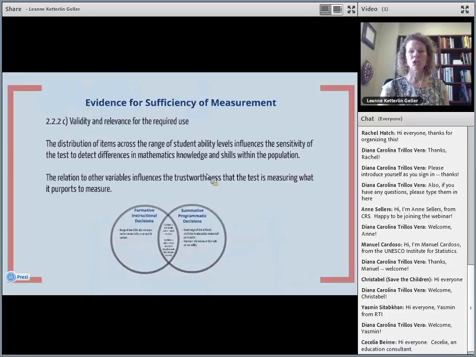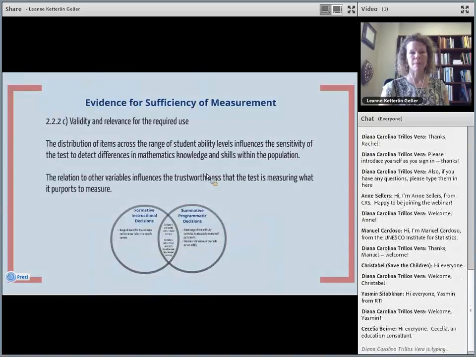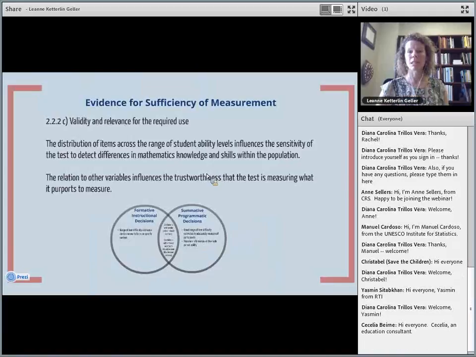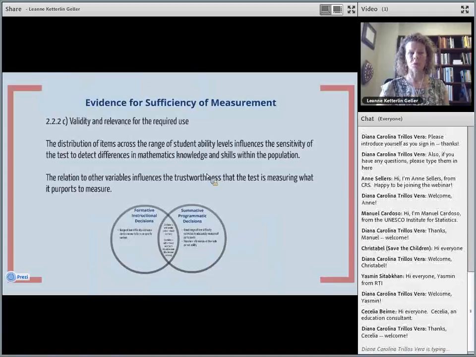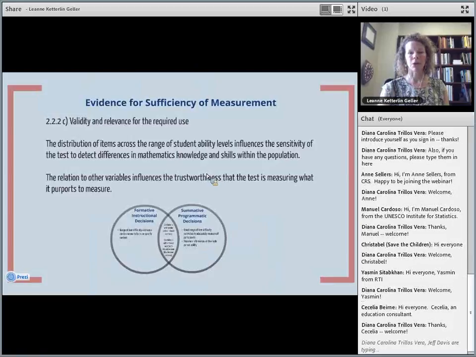So again, this is evidence that we would want to look at, evidence for adequacy based on the uses of the assessment systems. So what all tests should share, regardless of the decision that you're trying to make, is that the correlation with similar content should be strong. We want to make sure that we're measuring consistent content, and that the correlations with different constructs should be weak so that we are not measuring something that might be competing, a different construct.